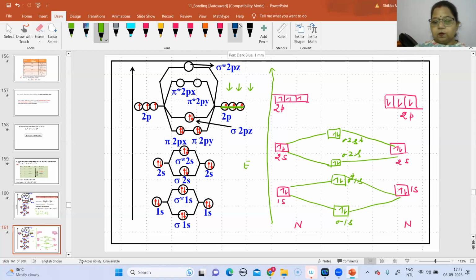Okay. So we will be drawing them in the same way. I'm short of space, so just bear with me and please try to understand. On the right hand side, everything is correct except for those arrows for which I have shown you the corrections. First of all, we'll be drawing pi 2px and pi 2py. They will be of equal energy, right?